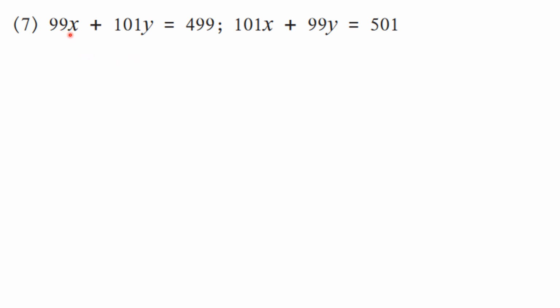Here, the coefficient of x is 99, but in the second equation, 99 is the coefficient of y. Similarly, 101 is the coefficient of y here, but in the second equation 101 is the coefficient of x. So the same coefficients are present in both equations, but interchanged. Such equations are called a particular type of equations.